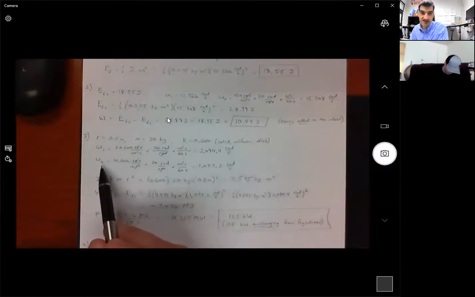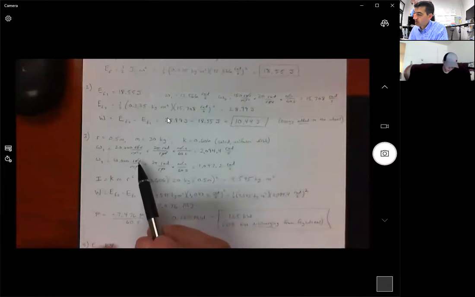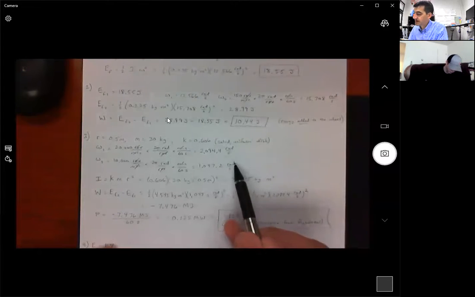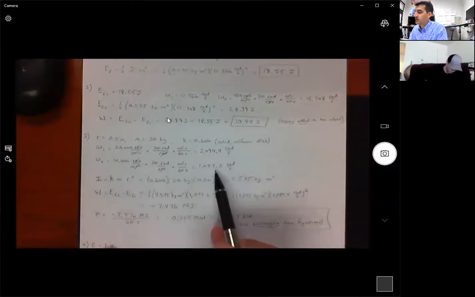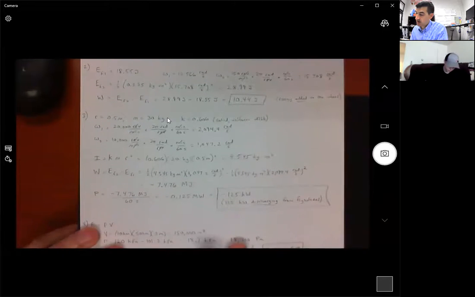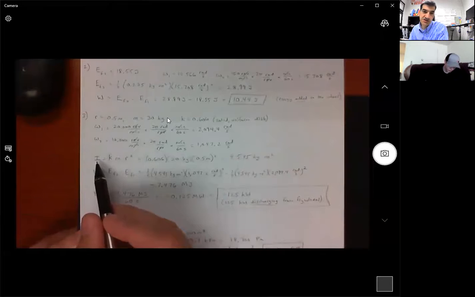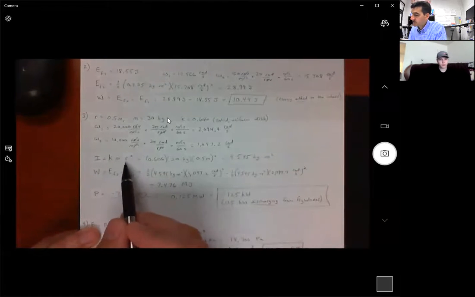And for the angular velocity at time 2, it's the same type of conversion from revolutions per minute into radians per second, and you get 1047.2 radians per second. We're also going to need our moment of inertia because that goes into our energy calculation. Once again, I, moment of inertia, is equal to kmr squared. We know all of these things now.